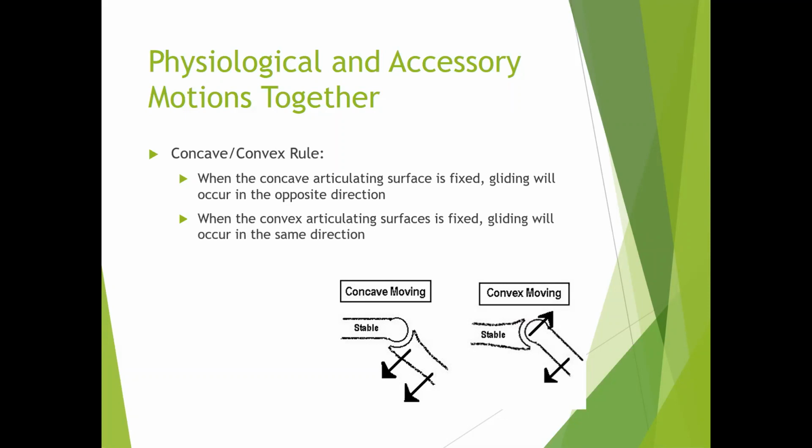Think about it, if it were to move in the opposite direction, how confusing and pinchy that would be. So think, I'm going this way, but this decided to move this way, instead of moving with me. It would be like that versus moving along the articulating surface at the same time.